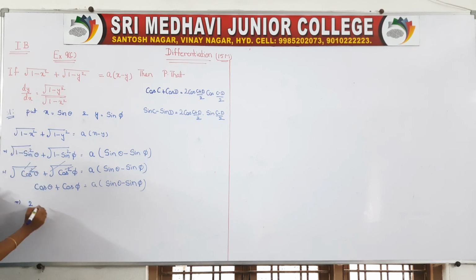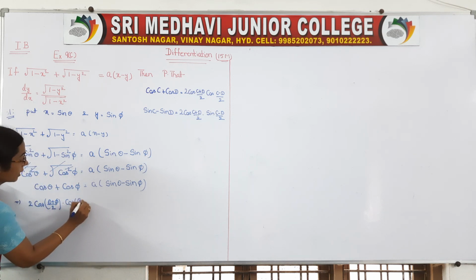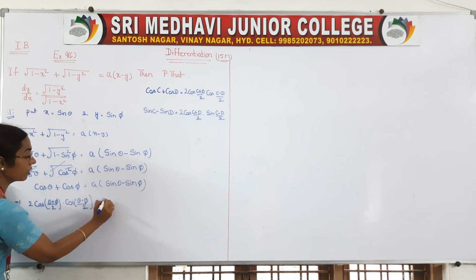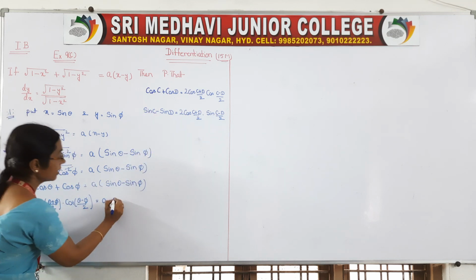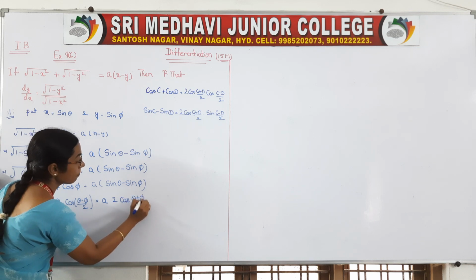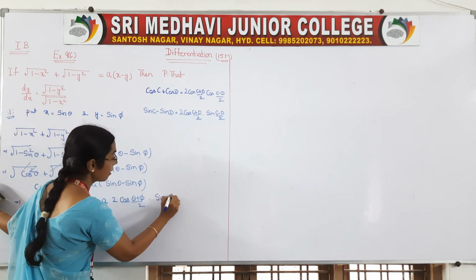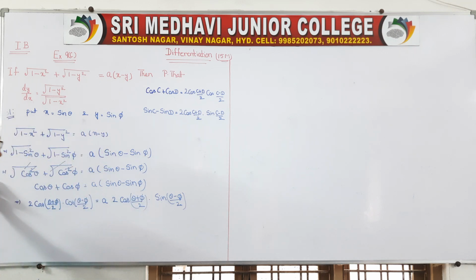We can write 2 cos of (theta plus pi by 2) into cos of (theta minus pi by 2) is equal to A into sin C minus sin D. We can write this as 2 cos of (theta plus pi by 2) into sin of (theta minus pi by 2). Okay, so this is our formula.